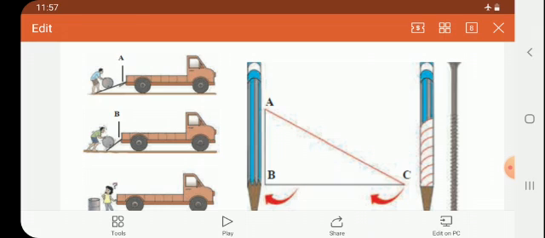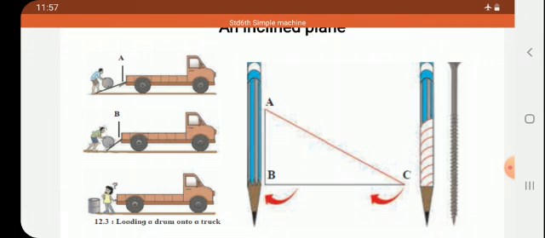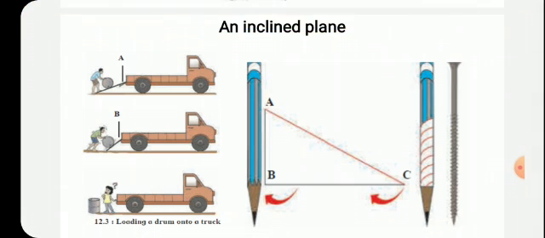While in the second case, as the plank is not so slanting, he also will need more effort to carry that drum in the truck. While in case A, you will observe that a person is carrying the drum very easily. Okay, children? Is the weight of the drum changing?